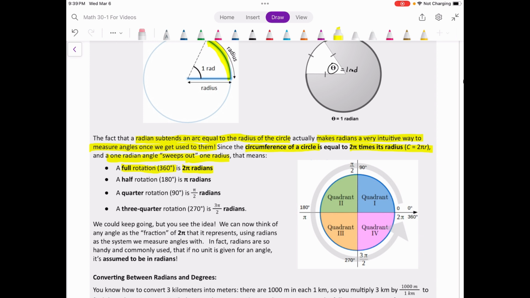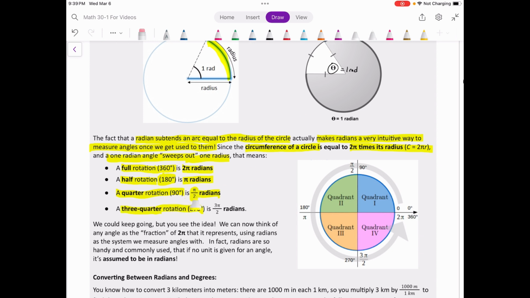And then a half rotation is going to be half of 2 pi, or 1 pi. So we could call it 180 degrees, or we could call it pi radians. And then a quarter rotation, 90 degrees, that's going to be half of pi, or pi over 2 radians. 3/4 of a rotation, that's 270, that's 3 times 90, right?